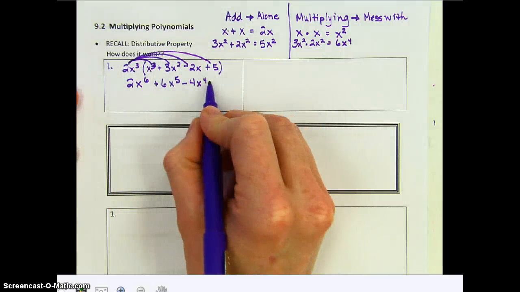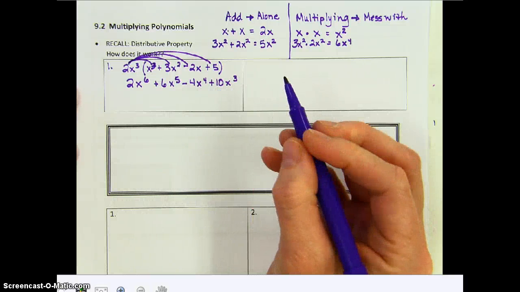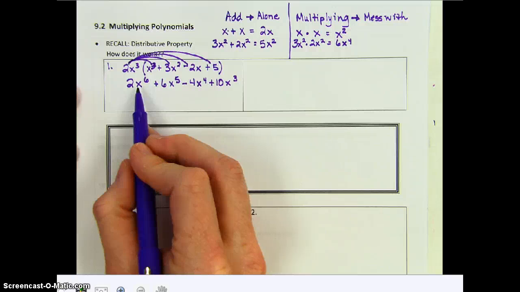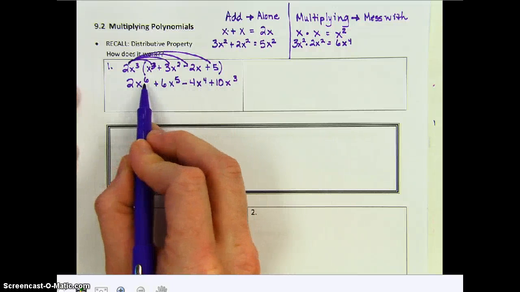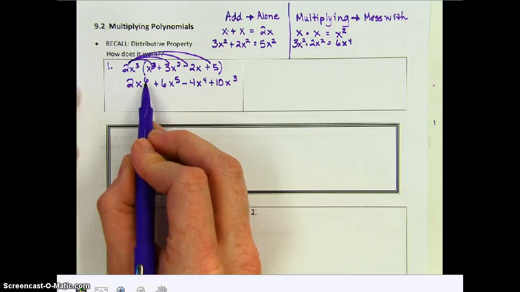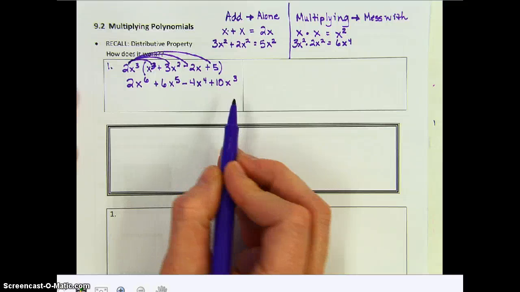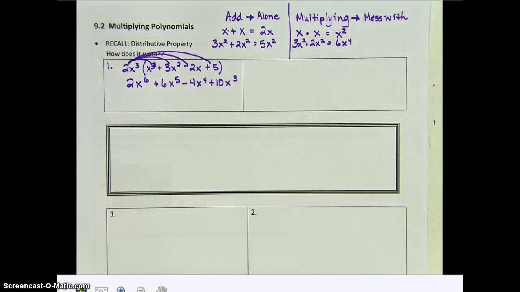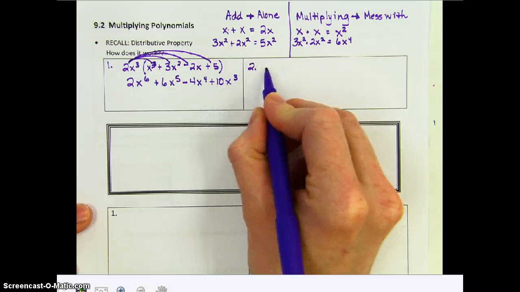That'll be 10x cubed. Now you stop, you make sure nothing has a like term, and you make sure your degree is in descending order. So we have a 6, the 5, the 4, the 3. That problem is finished.